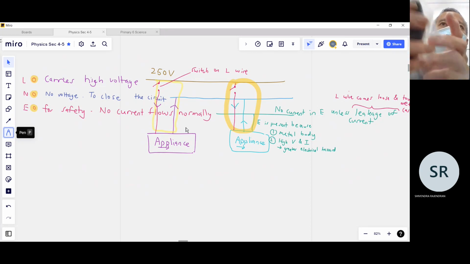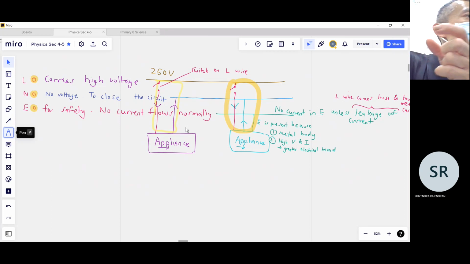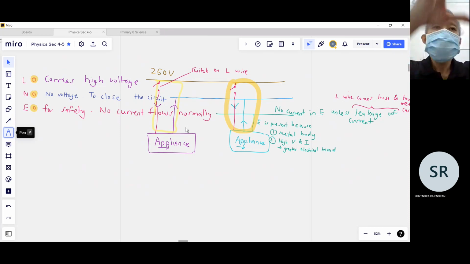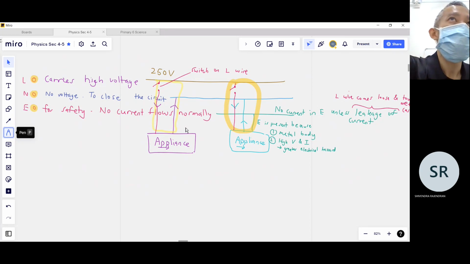Basically you want to be sure that once you open this circuit, this is not live. Remember that. It has come up many times. They'll give you a diagram and ask what is wrong with the setup. Sometimes it's because they put the switch on the neutral, which should not happen.